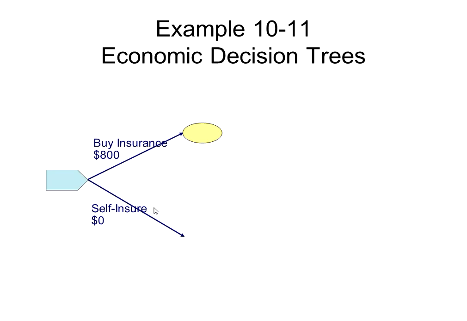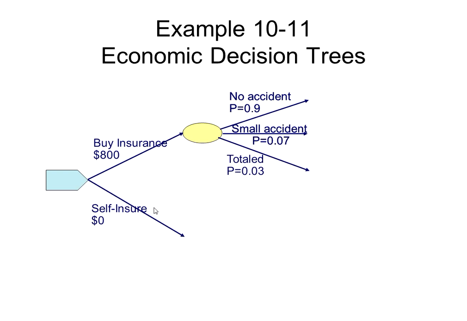We could have an accident, either a major or minor accident, or we don't have an accident. So no accident is 0.9, small accident is 0.07, and we can total our car, and that has a probability of 0.03. So again, these are coming out of Ch10's notes, so we cannot prune these branches.